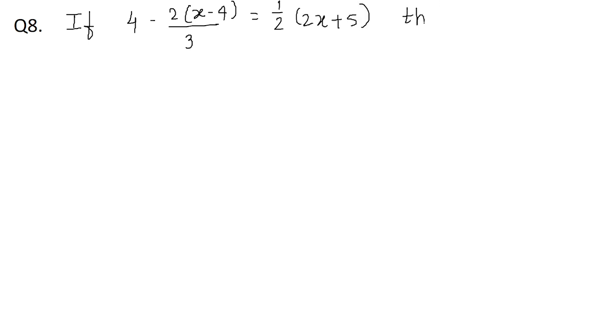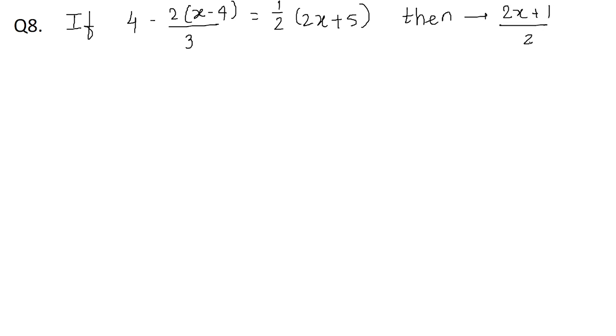Moving ahead to the next question, question number 8. Again, this question is missing, no doubt. We'll just write it here. The question is 4 minus 2 into (x minus 4) upon 3 is equal to 1 by 2 (2x plus 5), and you have to find the value of (2x plus 1) upon 2.